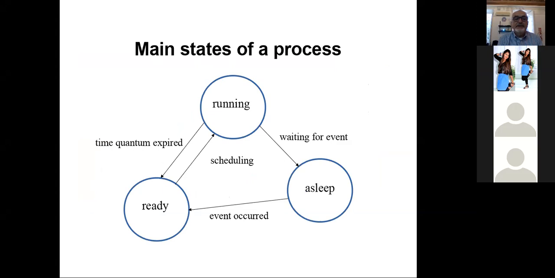Usually many processes are in the ready queue and the switcher has to pick up one. The policy for picking up just one and making it running is what is called the scheduling algorithm, scheduling policy.